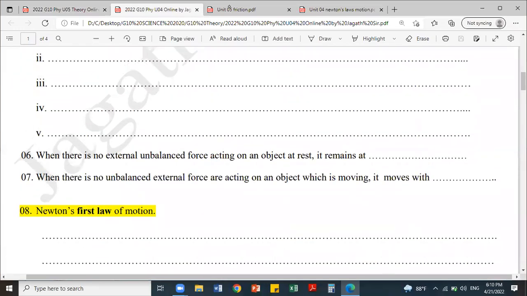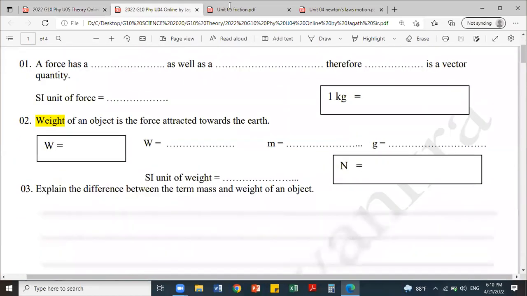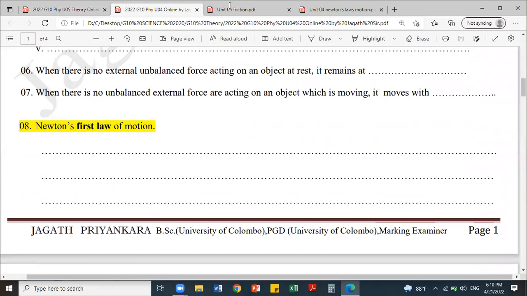If I quickly summarize, Newton's first law, which we did last week: until you apply an unbalanced external force, objects in motion move with uniform velocity and objects at rest remain stationary until you make the forces unbalanced. I explained that in detail last week.